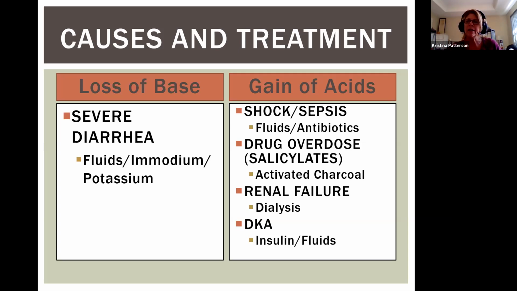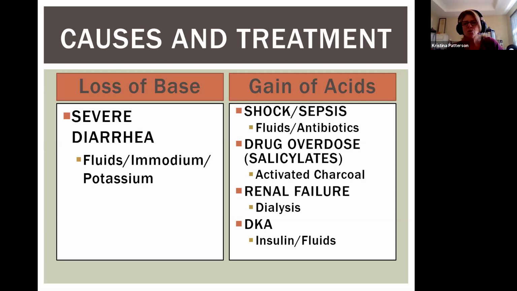Or we can get it by a gain of acids. And that's what happened here with our DKA. We have diabetic ketoacidosis. So what do we do for those patients? We give them insulin and fluids. And remember, they might actually have a hypokalemia as well, as the insulin opens up that sodium potassium pump.